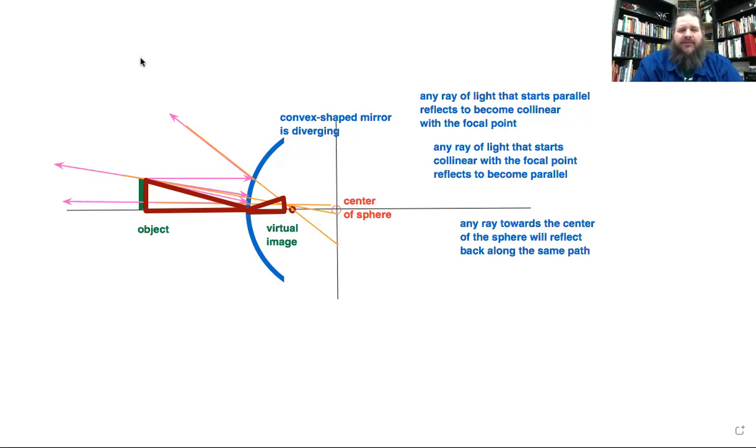And that means we can set up a ratio of sides. Specifically, the ratio of height to height, image height over object height, is going to equal the ratio of image distance over object distance.